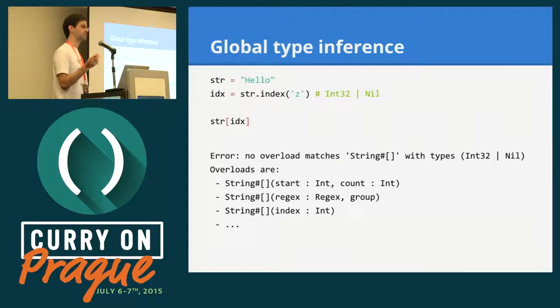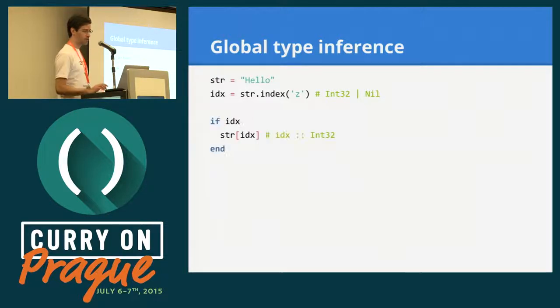And this also applies, for example, when you have a union type and you try to invoke a method on it. All the methods need to be in every type. So we don't have null pointer exceptions, or invoking undefined method at runtime. But we can solve this problem by using a check.